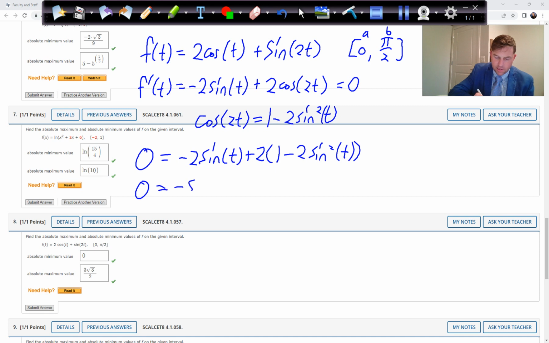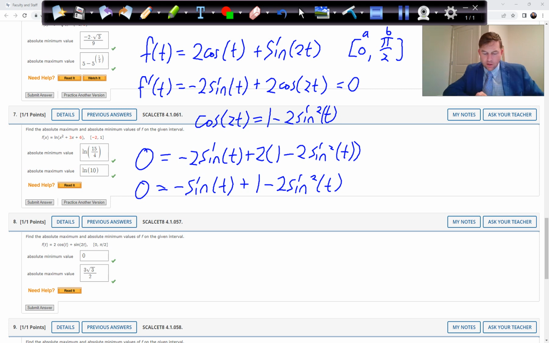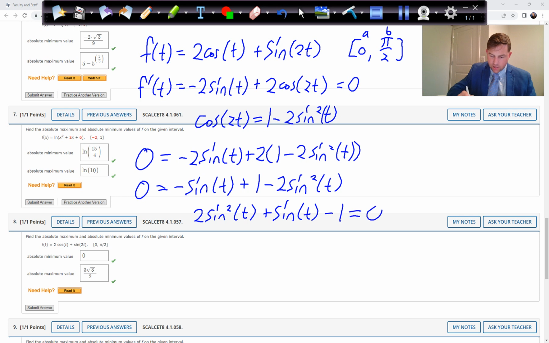So we're going to get minus sine t plus 1 minus 2 sine squared t. Let me do a little rearranging here. So let's add 2 sine squared to both sides. Let's add sine t to both sides. And let's subtract 1 from both sides. So we have now 2 sine squared t plus sine t minus 1 equals 0.